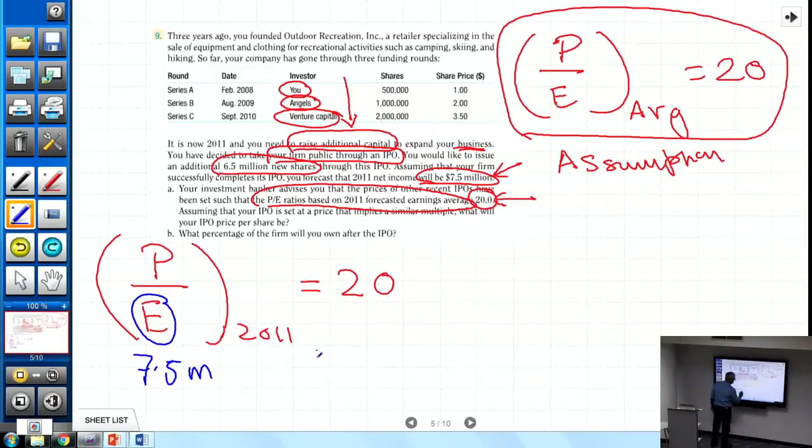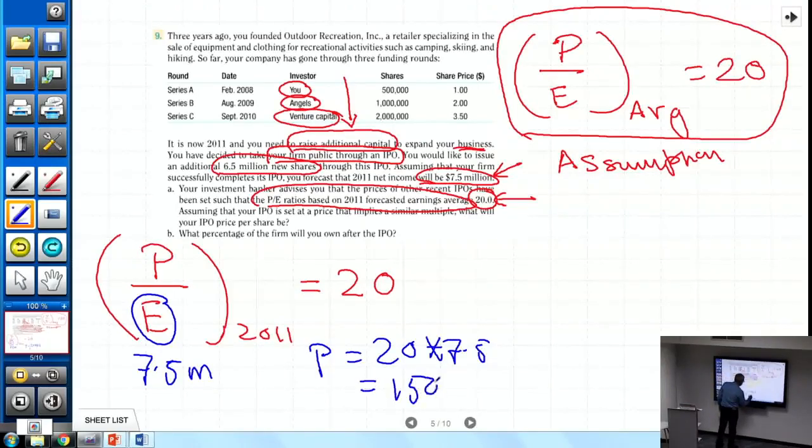So from this, P would be 20 times 7.5, which gives us 150 million. So the price for the entire offer, or the value of your equity, would be 150 million.